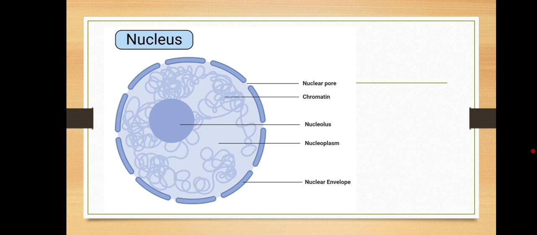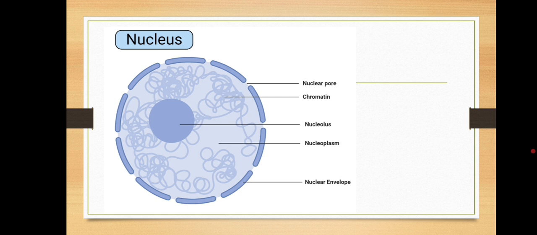We understood what is nucleic, that is anything that originated from the nucleus or associated with the nucleus. If you look at the schematic diagram of the nucleus on your screen, where is RNA present? We know that DNA is present as chromatin, but where is RNA present?